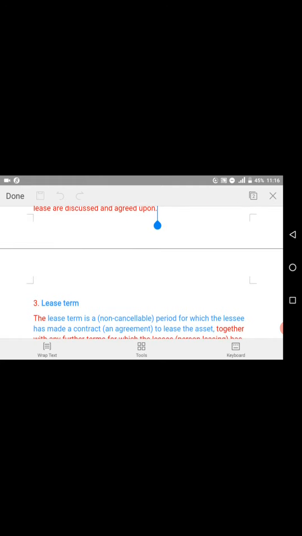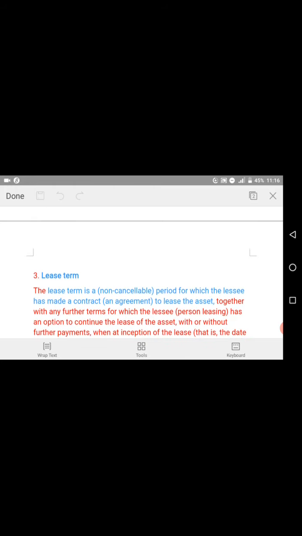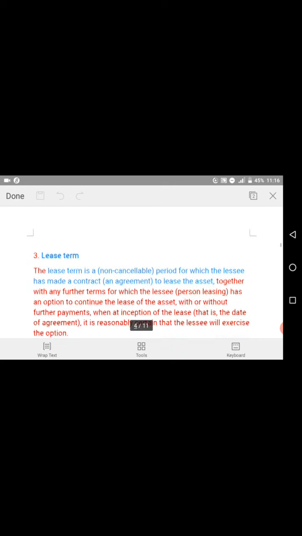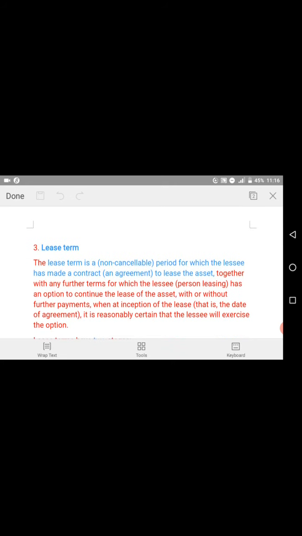Then go over to the third one, that's the lease term. It says the lease term is a non-cancelable period for which the lessee has made a contract, an agreement to lease the asset, together with any further terms for which the lessee, as the person leasing, the person obtaining the asset, has an option to continue to lease the asset with or without further payment when at inception of the lease, that is the date of agreement, taking care of that.